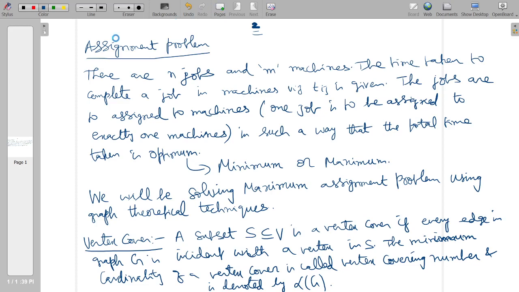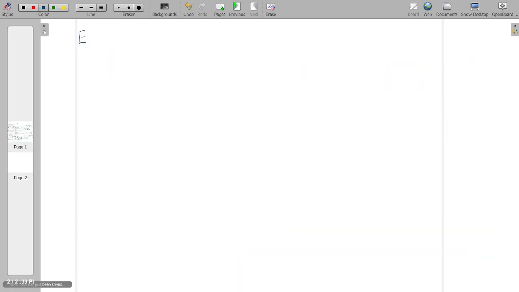Now as an example here, I will take a 4 by 4 matrix and then try to find the solution of the assignment problem using the Hungarian algorithm.